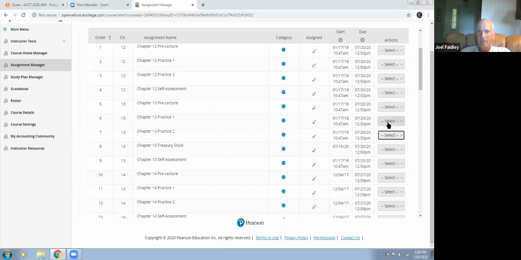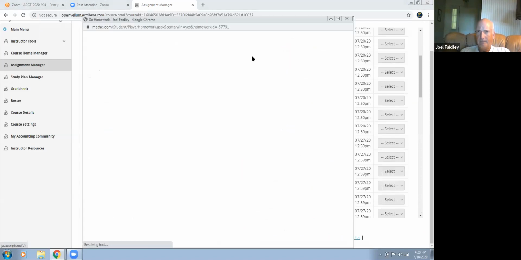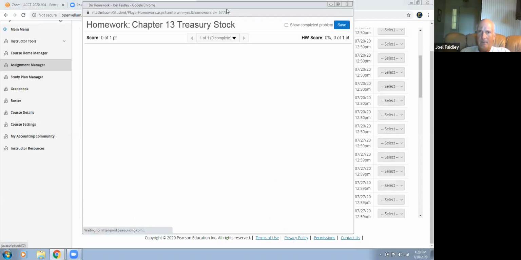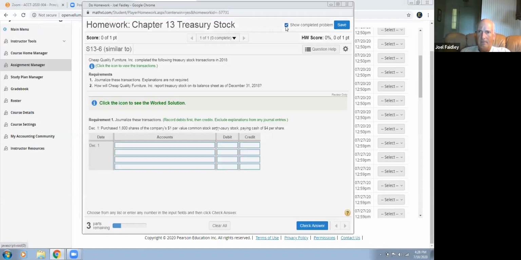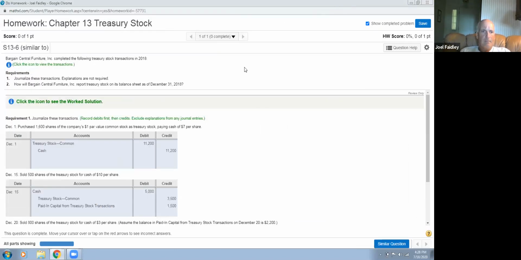And now, I've got one here called treasury stock. I added that one. Let's look at it. This is one that I added because we didn't have one set up that shows the actual sale of treasury stock.